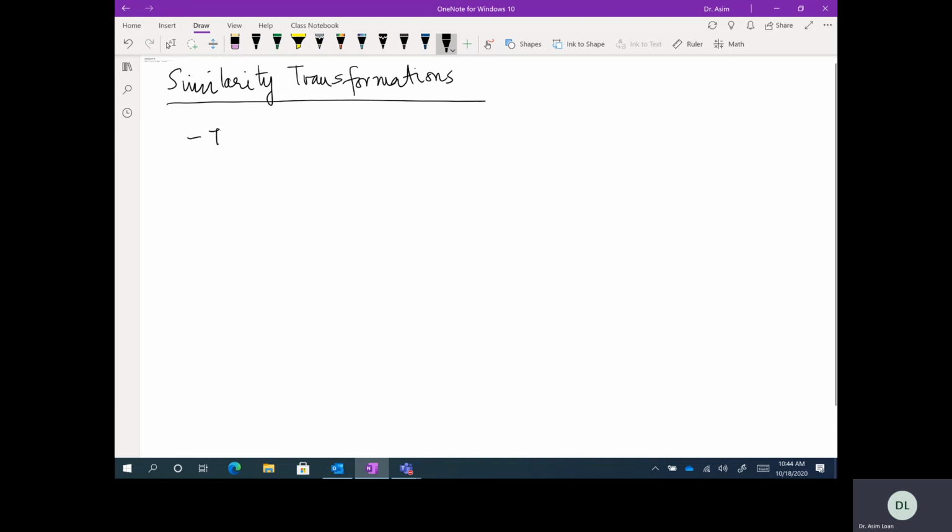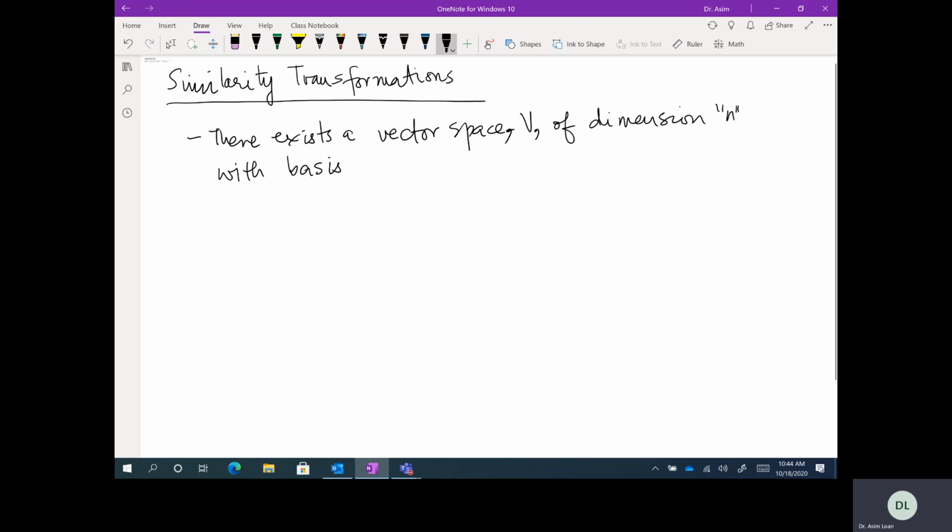There exists a vector space V of dimension n, with basis beta, a set of these n vectors, alpha 1 up to alpha n, which are orthonormal vectors.